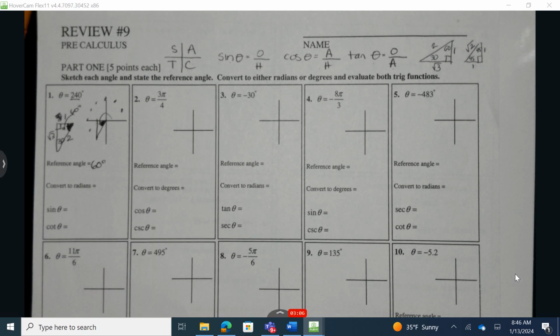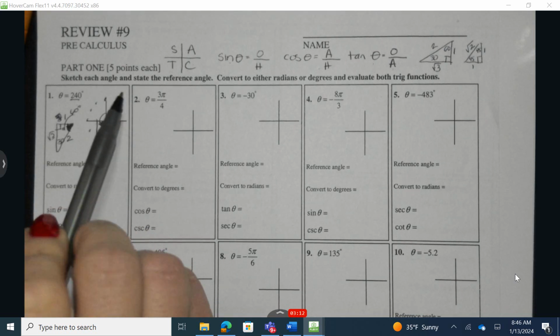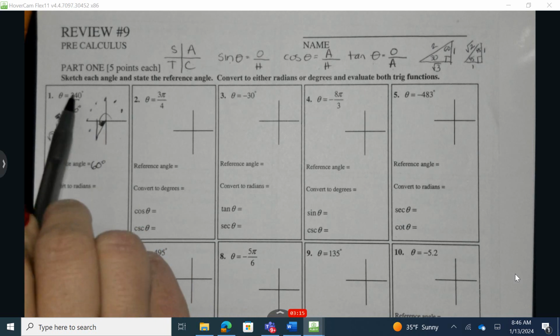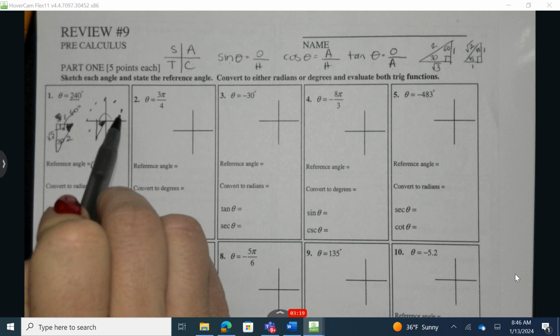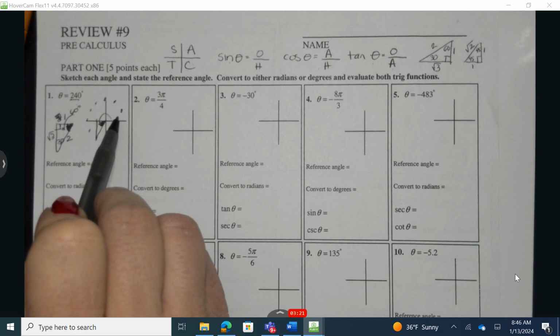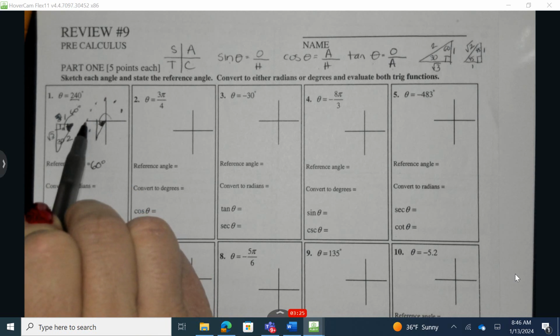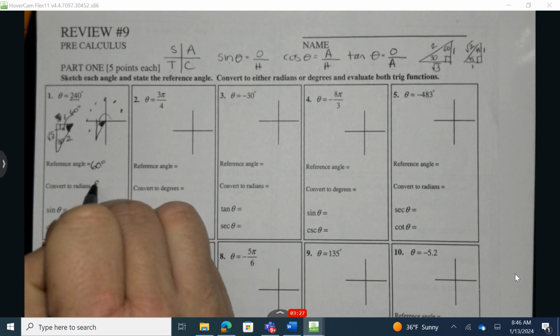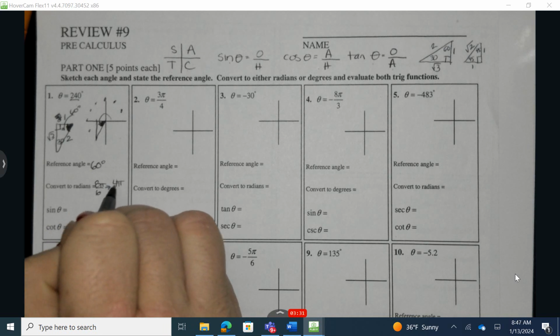Let's now convert 240 degrees into radians. Well, when I'm counting by 30-degree increments, it's the same thing as counting by pi over 6: 1 pi over 6, 2 over 6, 3 over 6, 4, 5, 6, 7 over 6, 8 pi over 6, and that reduces to 4 pi over 3.